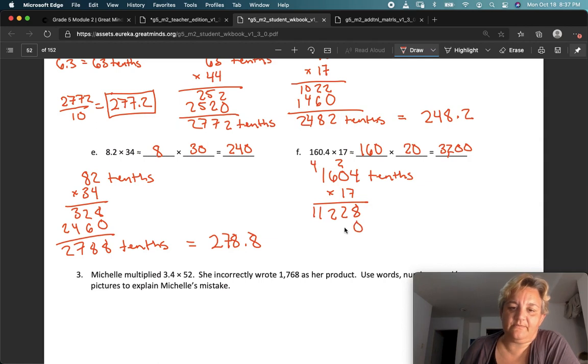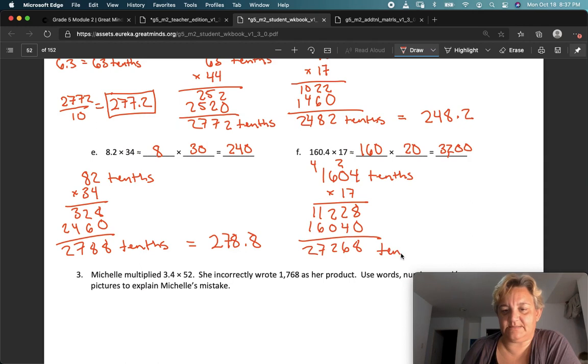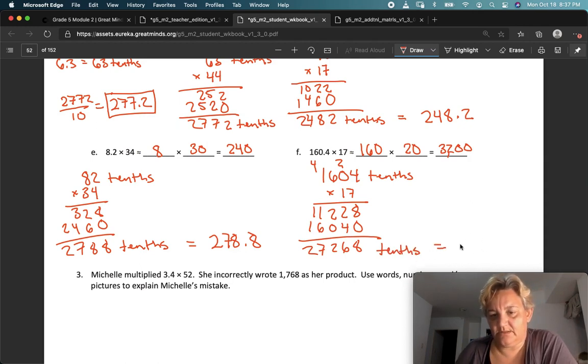Then the 0, 4, 0, 6, 1, 8, 6, 2, 7, 2 tenths. Okay, which equals 2,726 and 8 tenths.